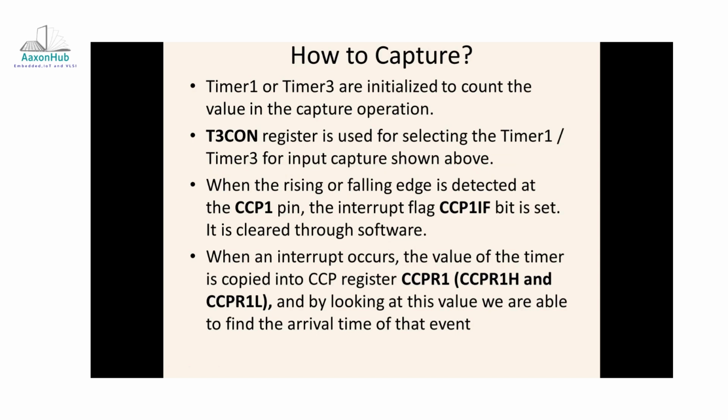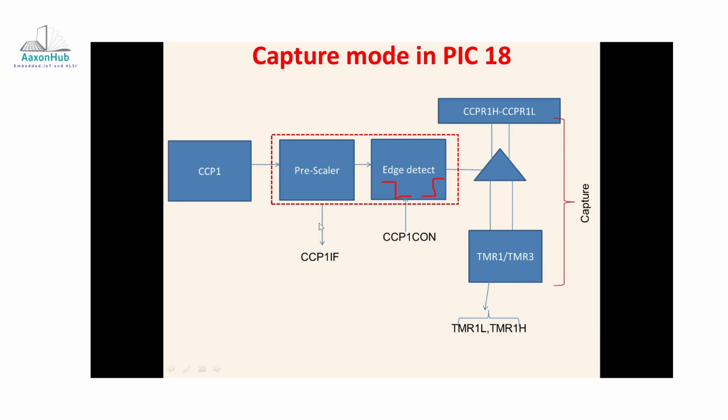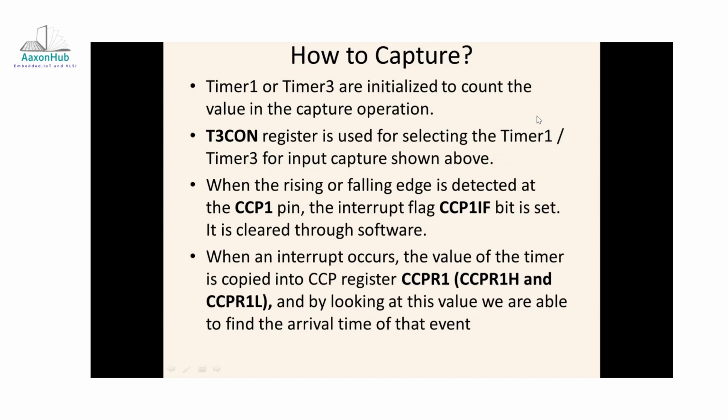Whenever a rising or falling edge is detected on the CCP1 pin, it will generate the interrupt flag, and it must be cleared as and when the event is generated. When the interrupt occurs, the value of that timer will get copied into the CCPR1H and CCPR1L registers.